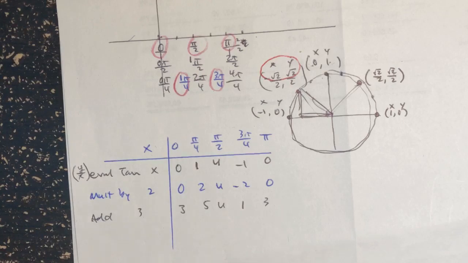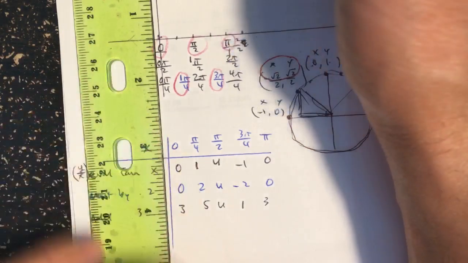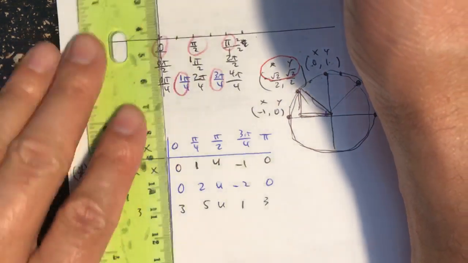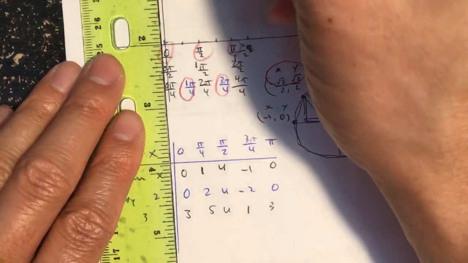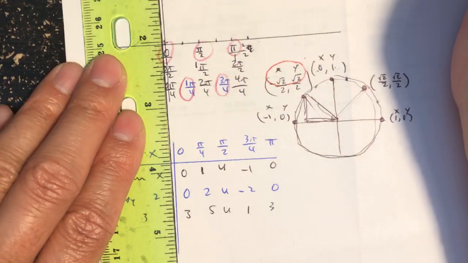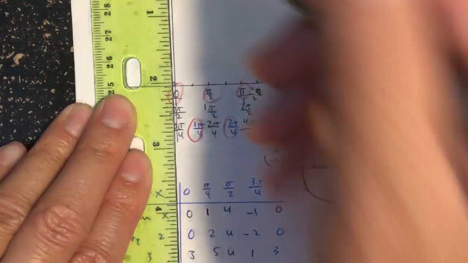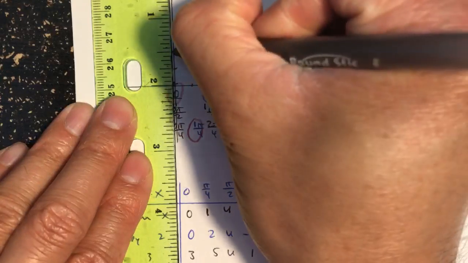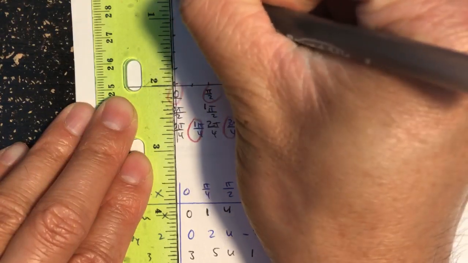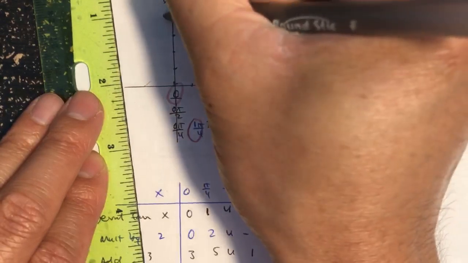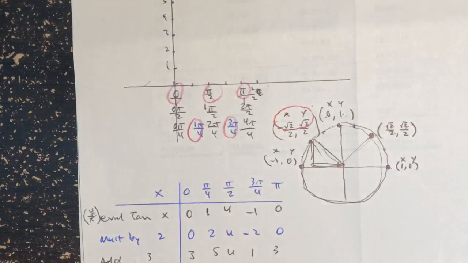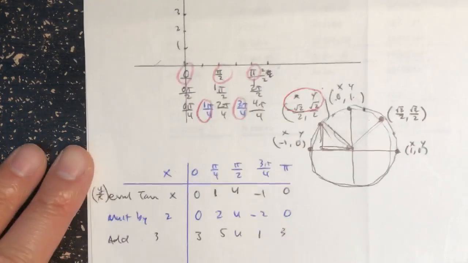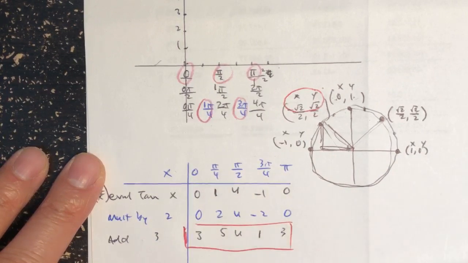All right, let's go ahead and graph this. Now I'm going to fill in my y-axis. Whatever scale you pick, just use the same scale for all of them: 2, 3, 4, 5. Then I'm graphing these in red.